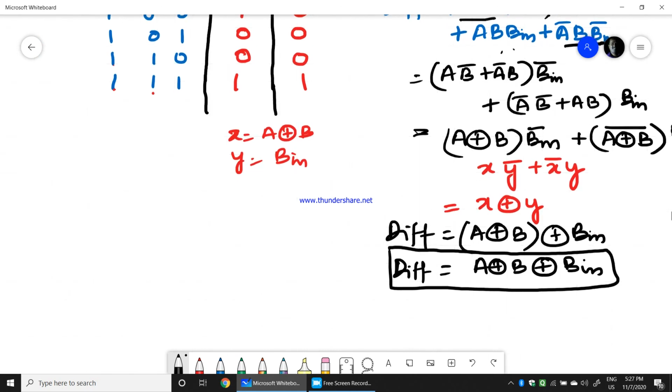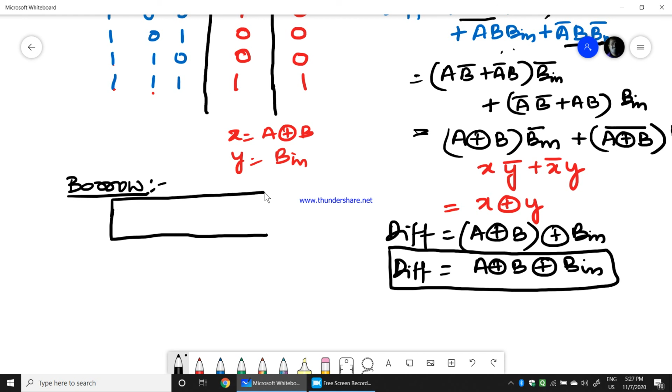Now let us go with borrow. Like we did in adders, we also derived two equations for borrow here. One is by K-map simplification and the other by looking into the truth table and taking all the min terms. So first we'll do it using the K-map.